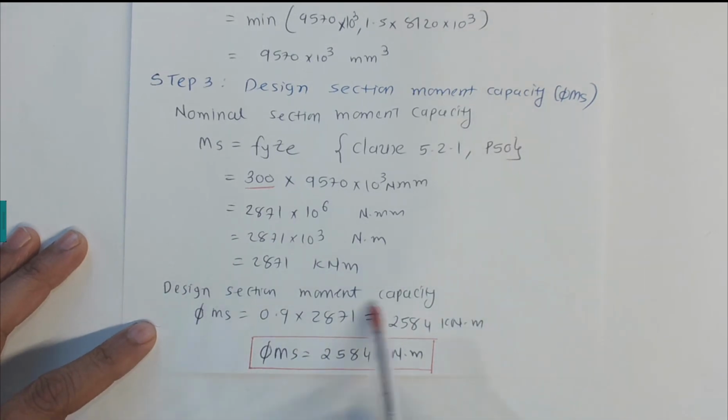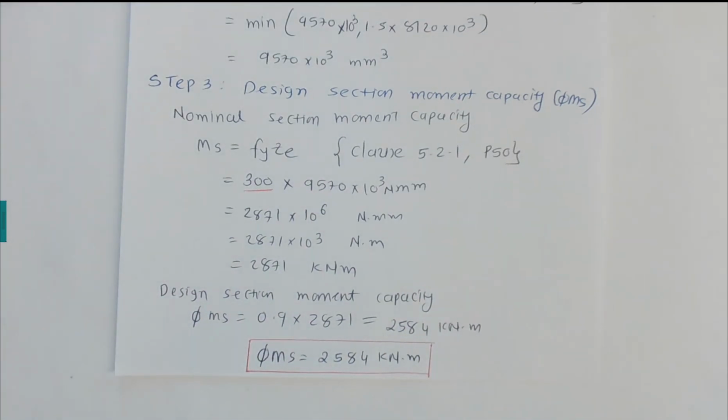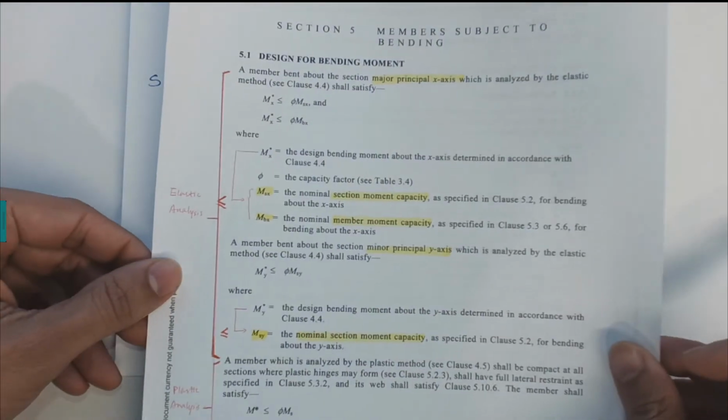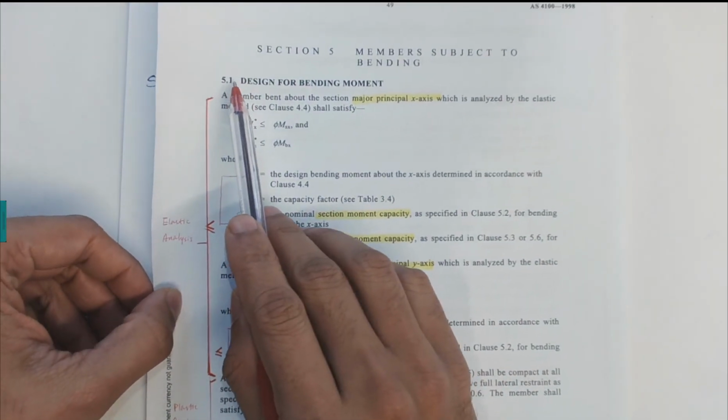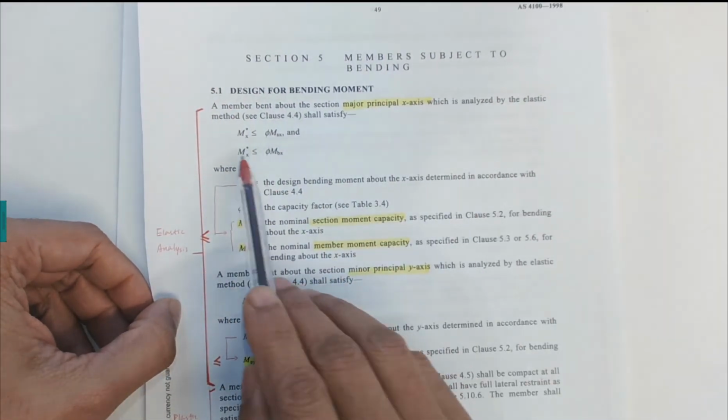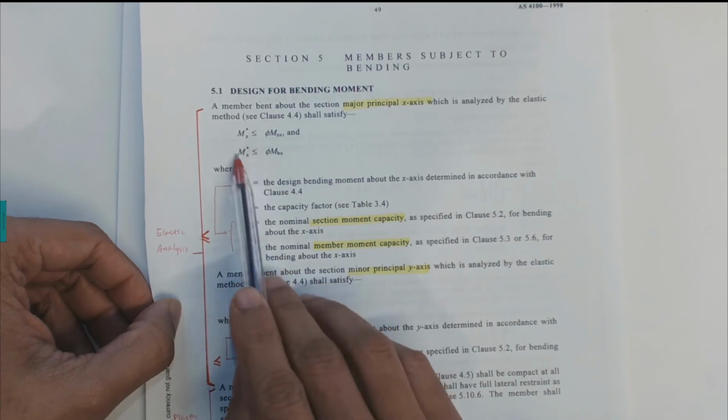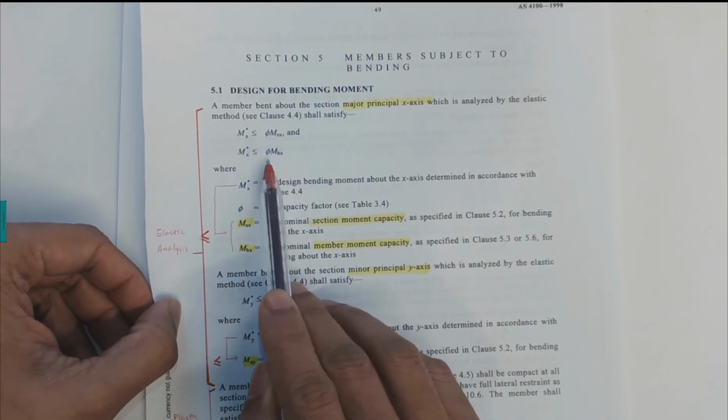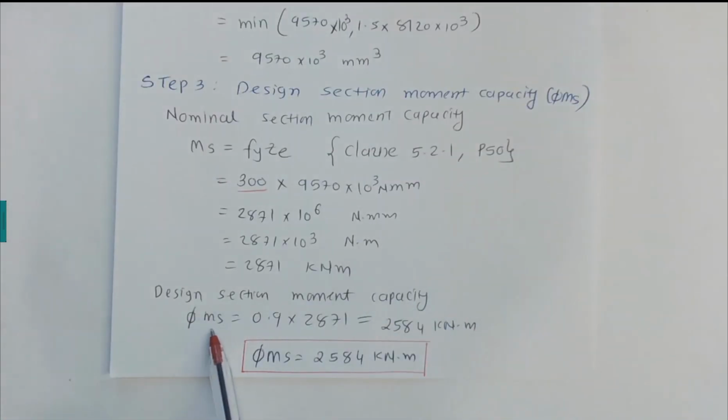Now the design section moment capacity equation is given in clause 5.1 on page number 49. You can calculate this phi Msx or phi Msy for the design capacity phi Ms, which is 0.9 times 2871.